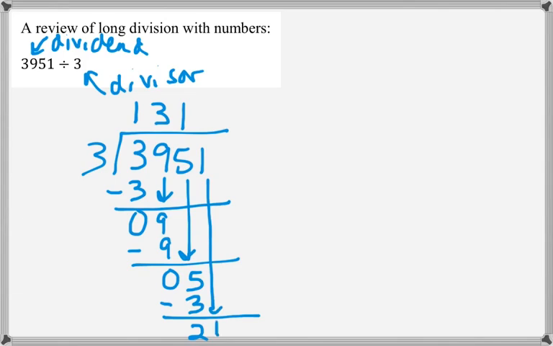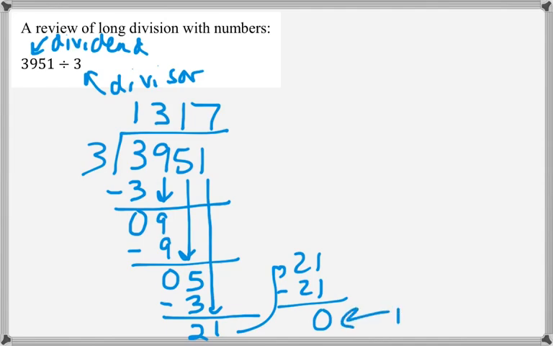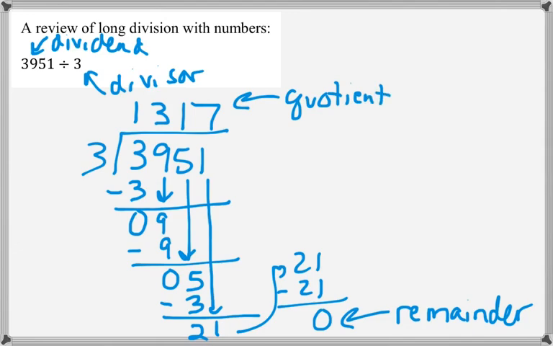And now 3 times 7 gives us 21, and I'm out of space here, but then we subtract the 21 from the 21 that was there, and we get 0. And so that 0 is the remainder. And the 1,317 is the quotient. So in other words, if you punch in 3951 divided by 3 in your calculator, it would say 1317.